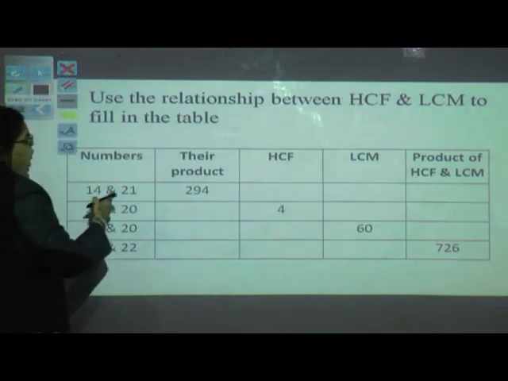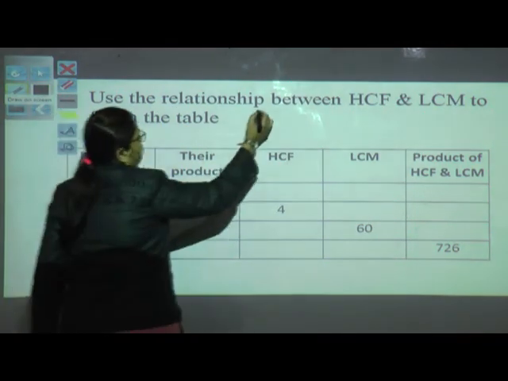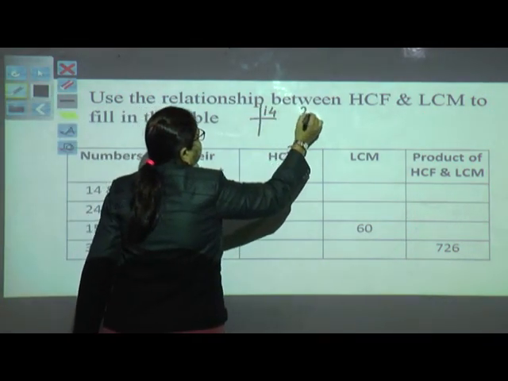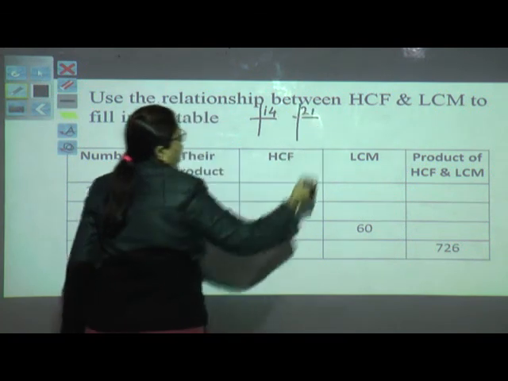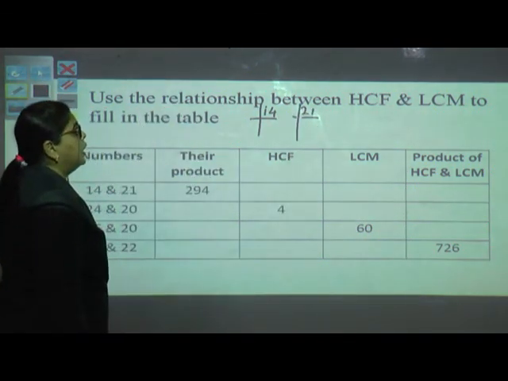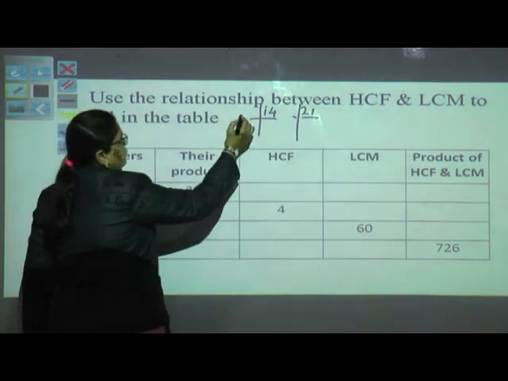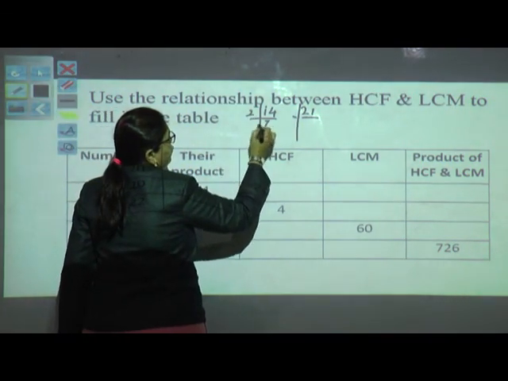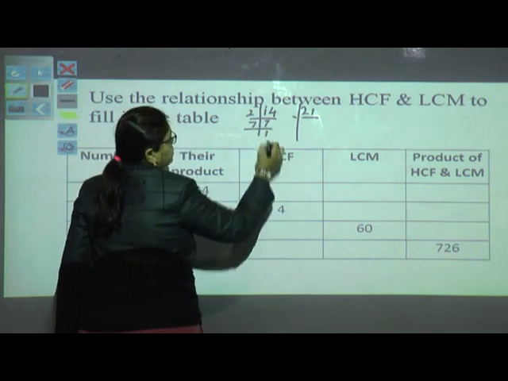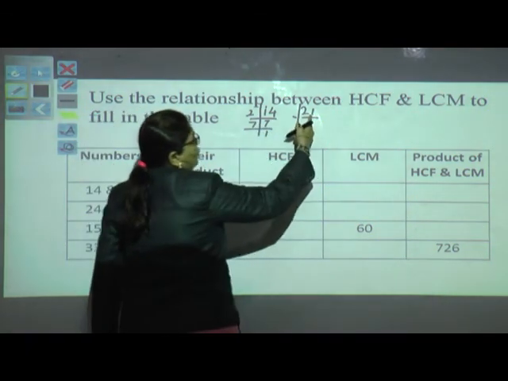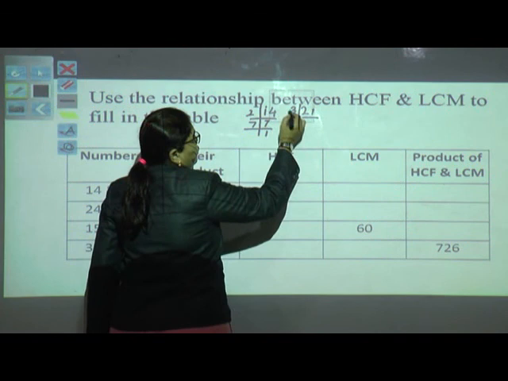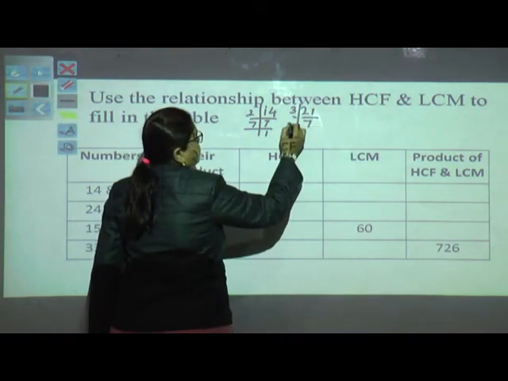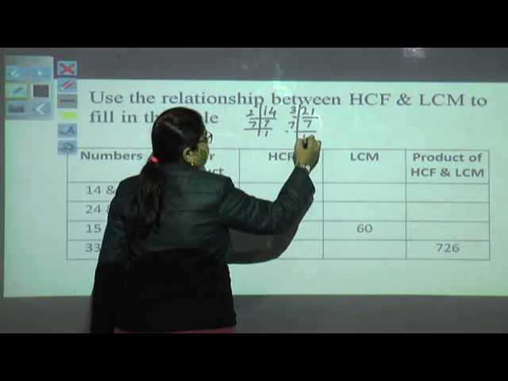We will find out the HCF of 14 and 21, that is the highest common factor. We can go by 2, 2 7s are 14, so 7 1s are 7. Here we don't have an even number, so we will go with a prime number, 3. 3 7s are 21, so here 7 1s are 7.